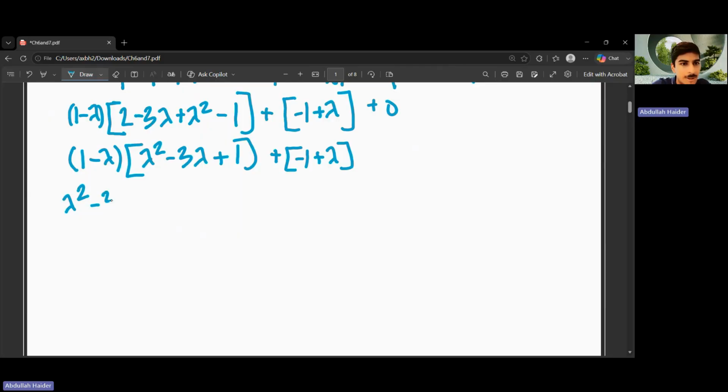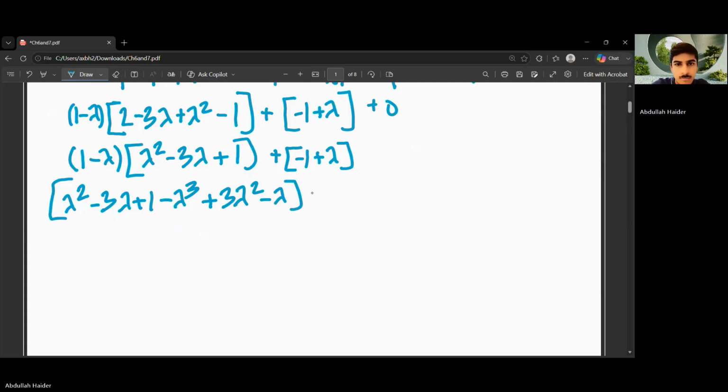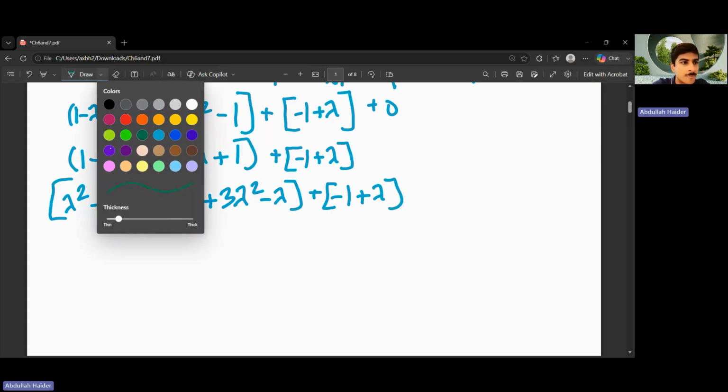Lambda square minus 3 lambda plus 1 minus lambda cube plus 3 lambda square minus lambda plus -1 plus lambda. It's equal to now.